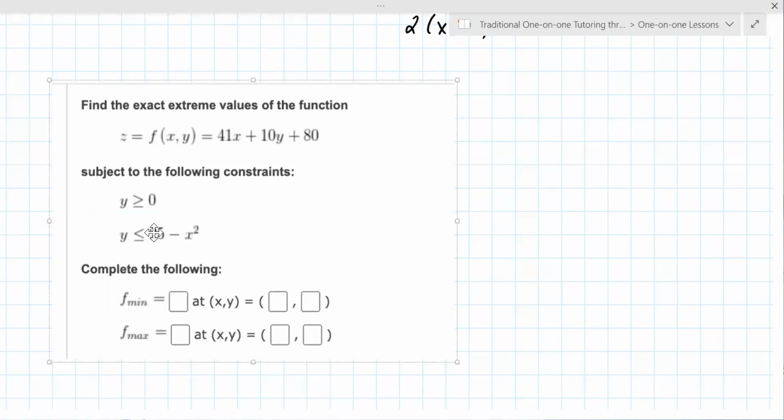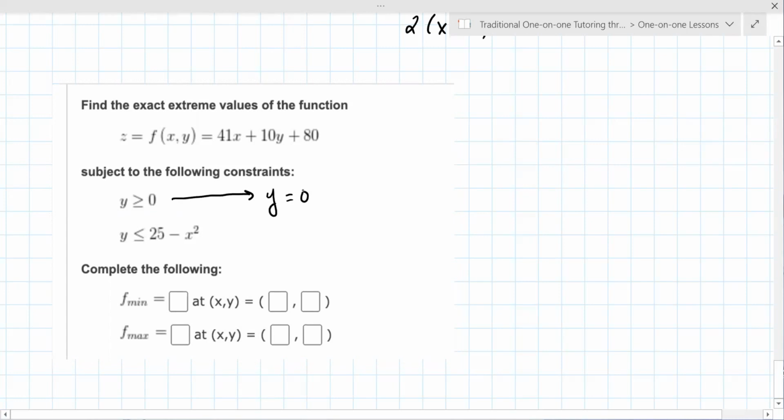All right, so what would I do here? This tells me that y is 0, which is kind of an important thing. And then this one, if you set this equal to 0, you get 25 minus x squared equal to 0, and that produces x equals plus or minus 5 when you solve it. We probably should take some partial derivatives.